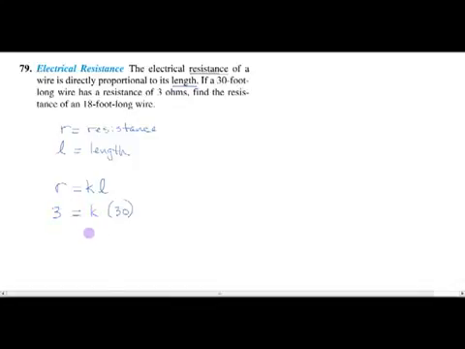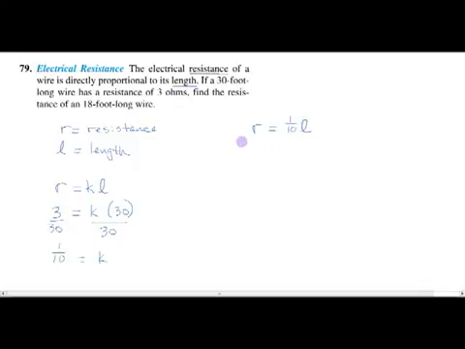Here's our K. We divide both sides by 30, then we get K equals 1/10. So we think that the model is R equals 1/10 L.